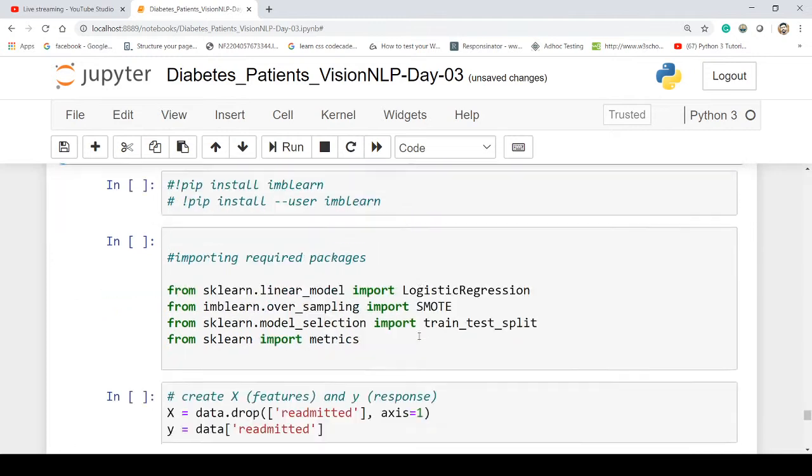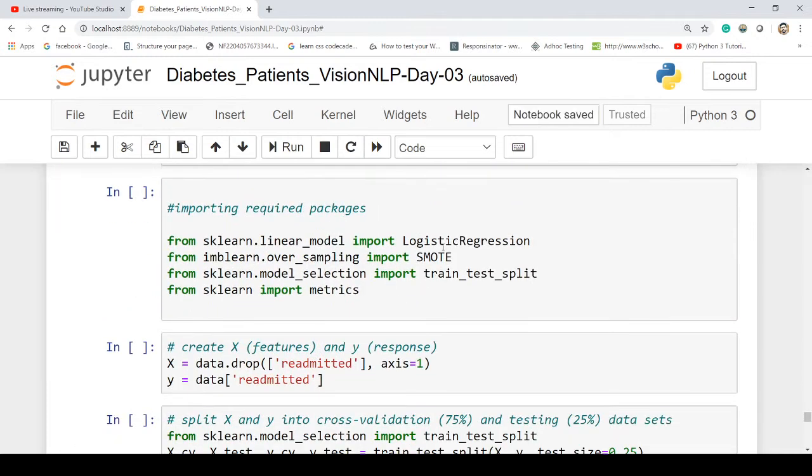Now these are the required packages we have to install. Since I have already done all my pre-processing, I will import all these packages. This is important to know: from sklearn linear model import LogisticRegression.